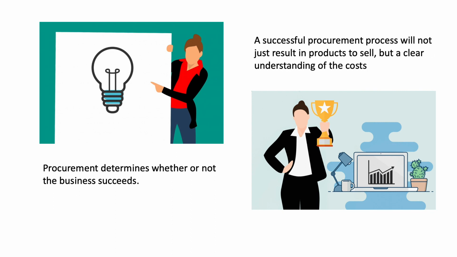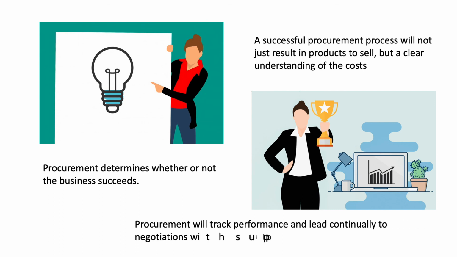The process also does not stop once the product is ready to sell. Procurement will track performance and lead continually to negotiations with suppliers to improve terms or adjust supply as needed. It is an ongoing process that ensures the viability and success of the business.